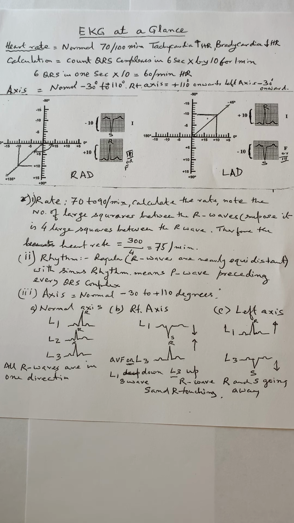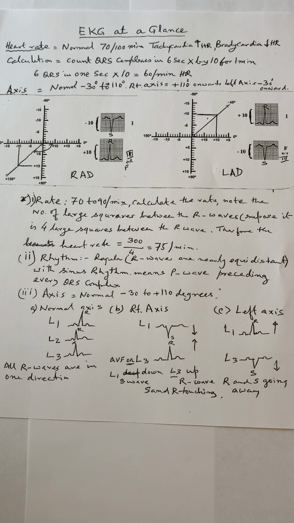So normal axis is -30 degrees to +110 degrees, while right axis is beyond +110. If it is over +110, then it is going to the right axis. If it is beyond -30 and going towards the left side, that is known as left axis deviation.